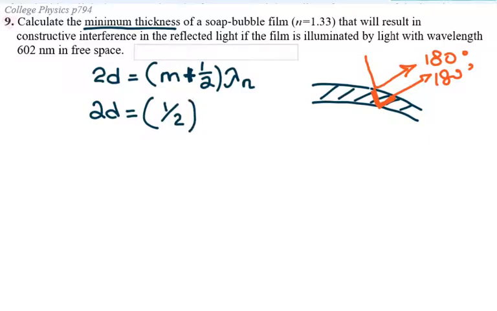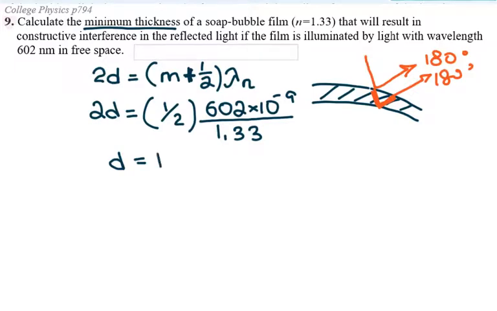So I will choose 0 plus 1/2, and the wavelength in the soap bubble would be the wavelength in the vacuum divided by the index of refraction, which is 1.33. And then from here I find that the distance needed to cause this constructive interference would have to be 113 nanometers.